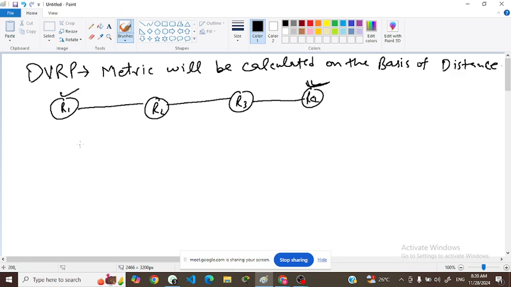Here in DVRP, cost will be calculated on the distance. Suppose this packet is going through two routers, so distance will be 2. Cost will be 2. And suppose cost will be 3, because it is using this link and this link and this link.